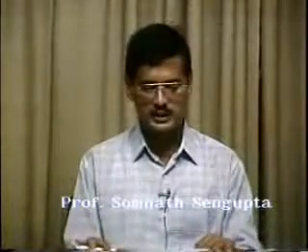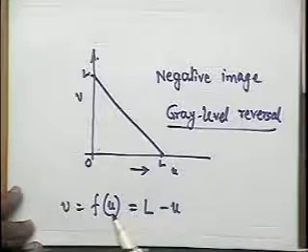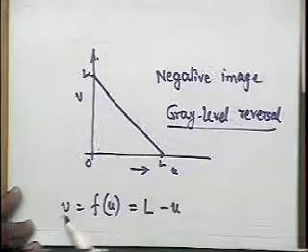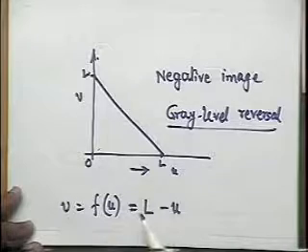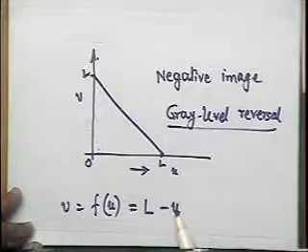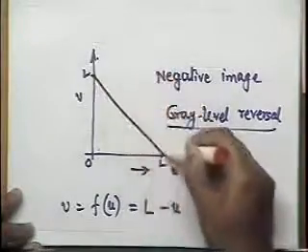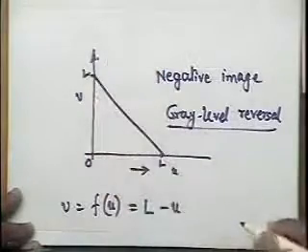In order to get a negative image, the transformation which we had applied was that the original image had intensity U and the transformed image had an intensity V, and the characteristic was given as V equal to L minus U, where L is the maximum permissible intensity. So we had a transfer function of this nature, with U in this direction and V in this direction.